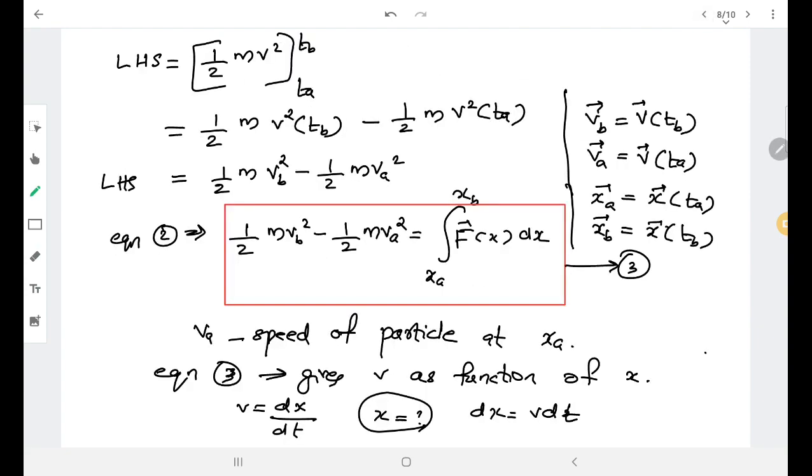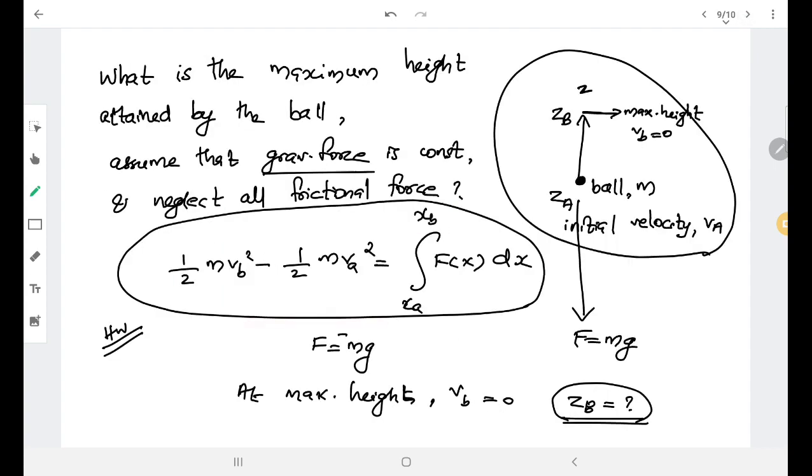Today we have derived the general equation of motion in terms of the speed of the particle by integrating it in one dimension, and we have discussed an example based on this. So do this problem and keep it with you. Thank you.